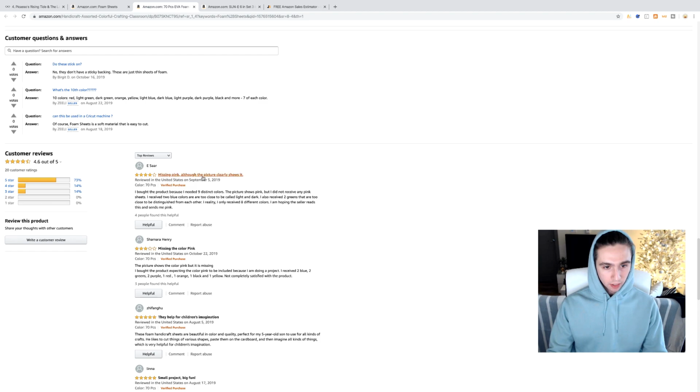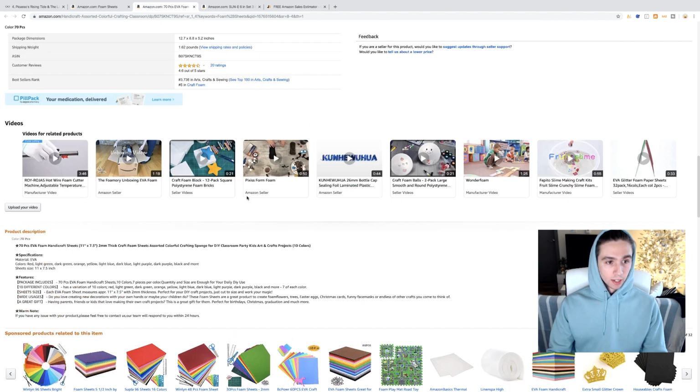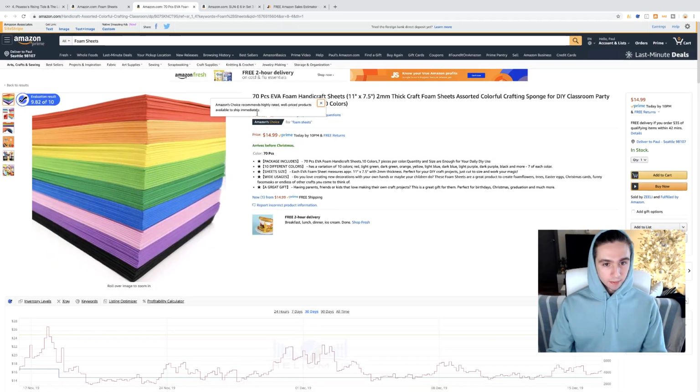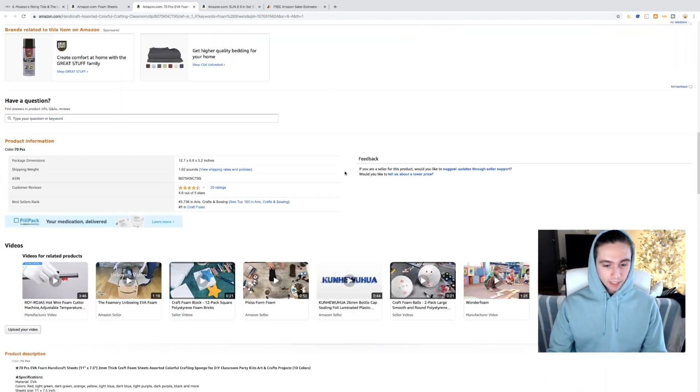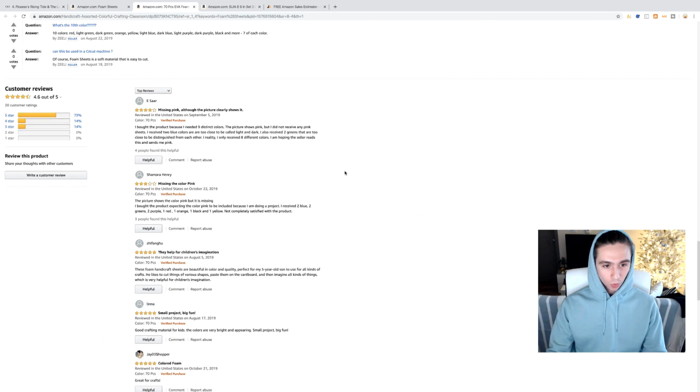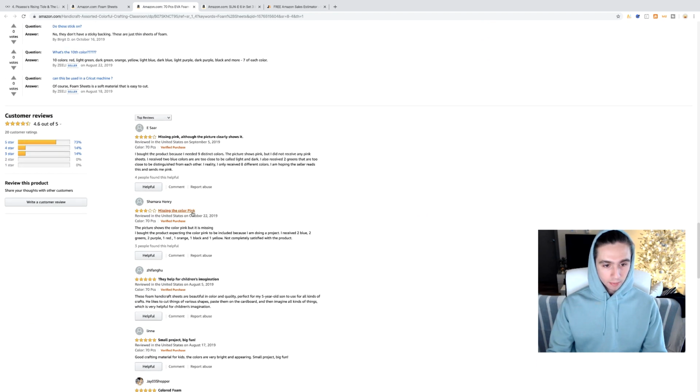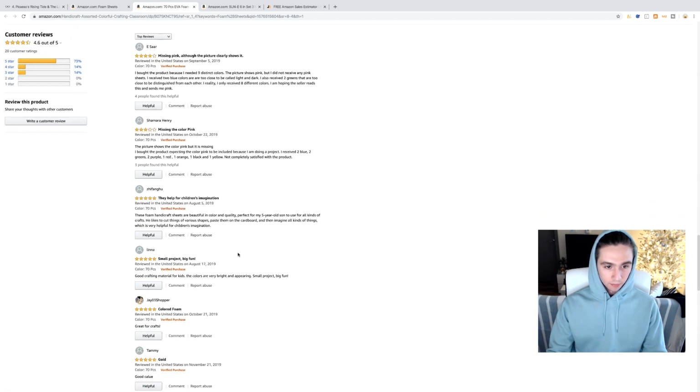So missing pink, although the picture clearly shows it. Who is this? Zeely? Damn, Zeely, you're messing up, man. Or she or it. Missing color pink. 2 in a row. That's not looking too hot on you, buddy. They help for children's imagination.